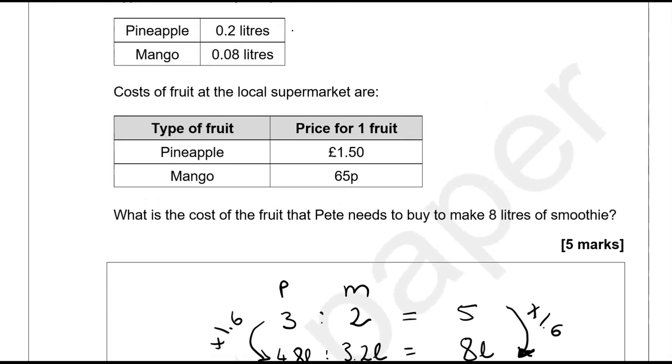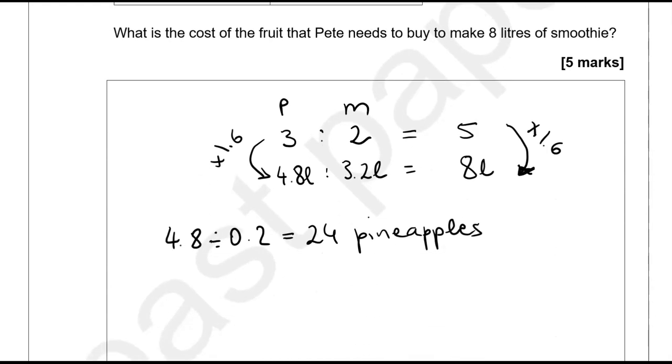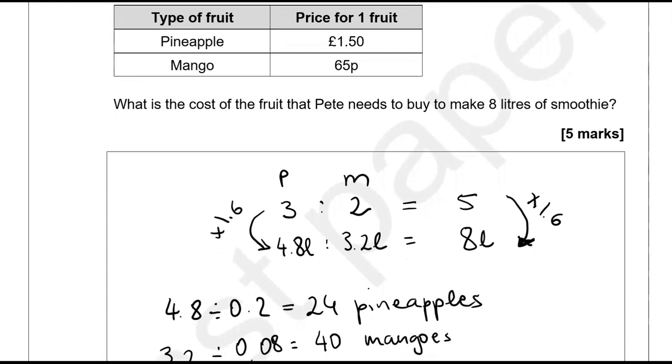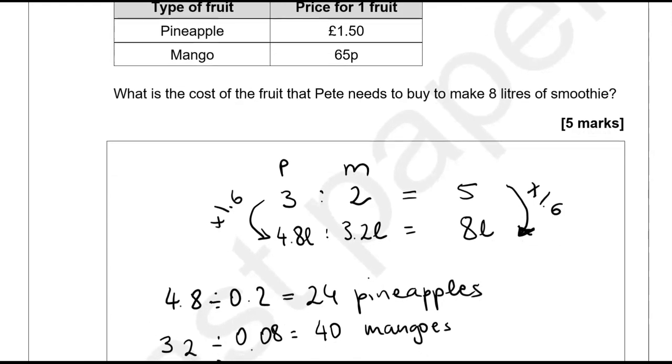And for mango, that is 0.08. So we're going to do 3.2 divided by 0.08, which equals 40 mangoes. Now that's how many pieces of fruit we need, and we're gonna work out the cost now.